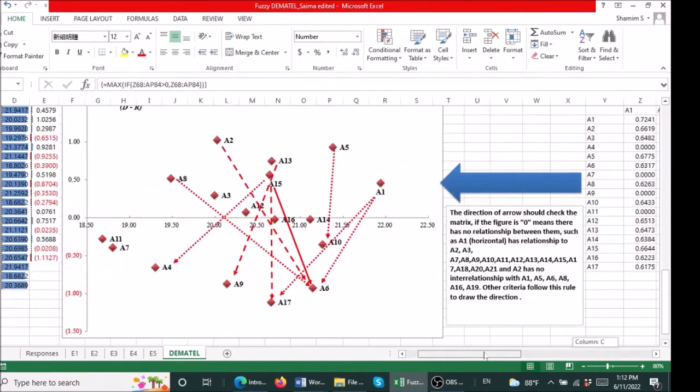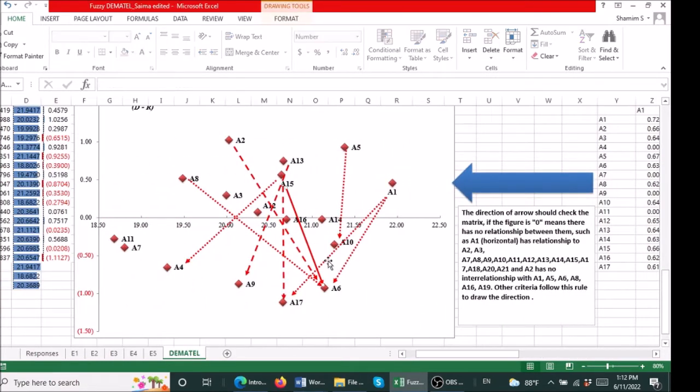So that's why this line, solid line, represents strong effect. So A15 has impact on A6.